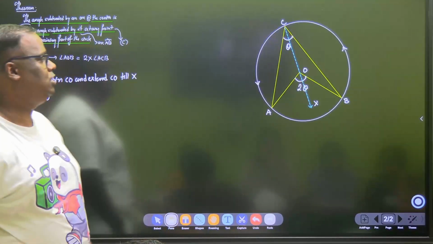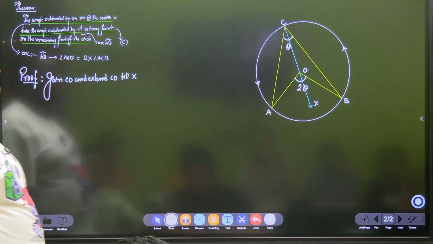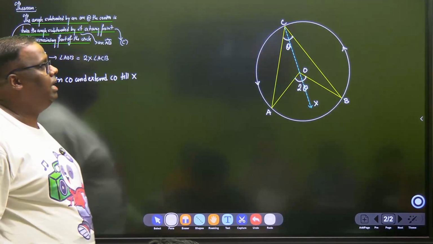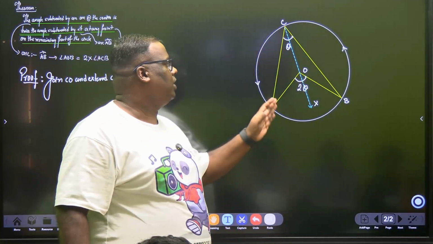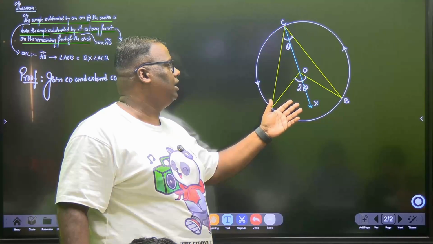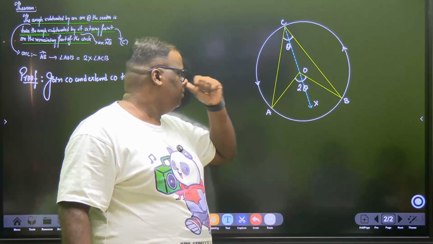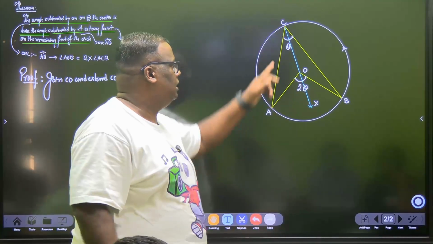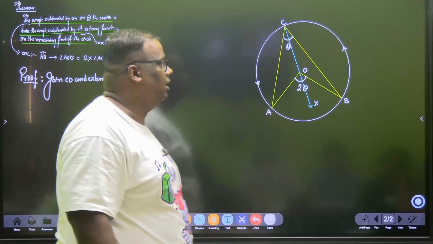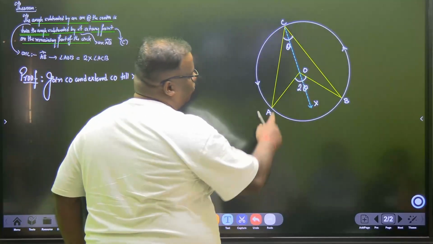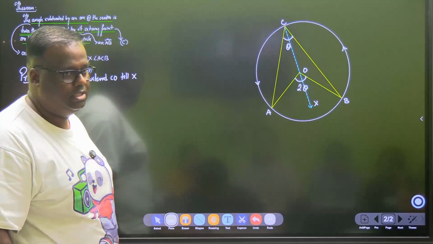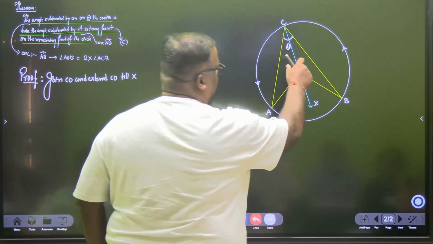Then how will you else prove it? Let's look at this part of the triangle. This is an isosceles triangle, right? ACO is an isosceles triangle. Then whatever this angle is, this angle should be the same, right? So these two will be congruent.